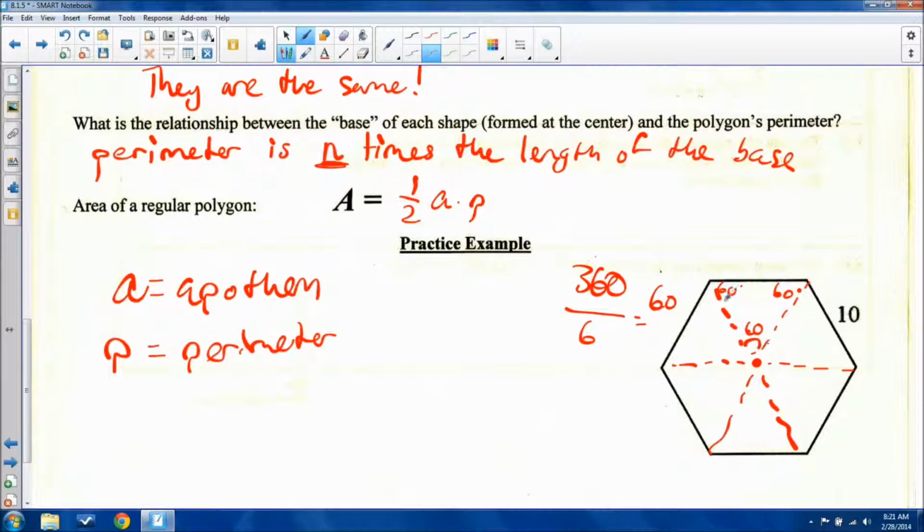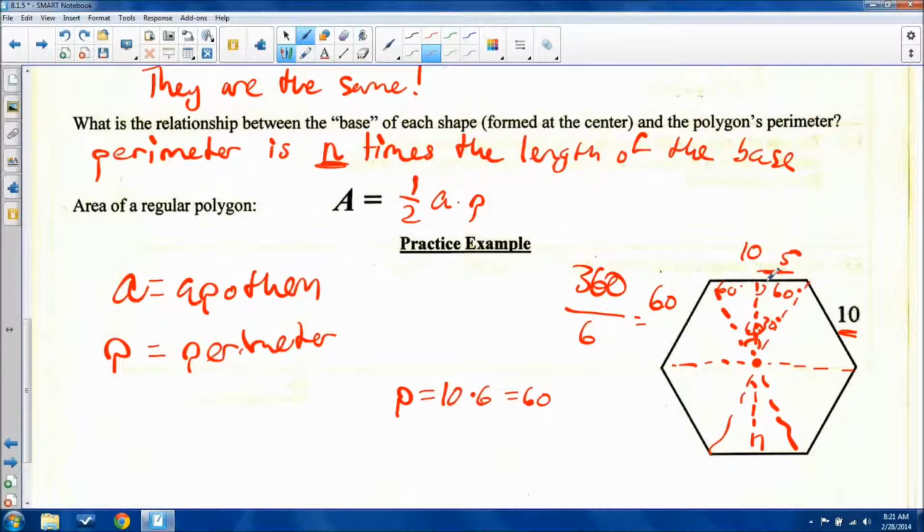So these are actually equilateral. So I have to find the perimeter, 10 times 6, which is 60. And the apothem is found by drawing something from here to here. Now you have a 30, 60, 90 triangle. And if this whole length is 10, half of it here is 5. So you're going to start using all of that information to help you out.